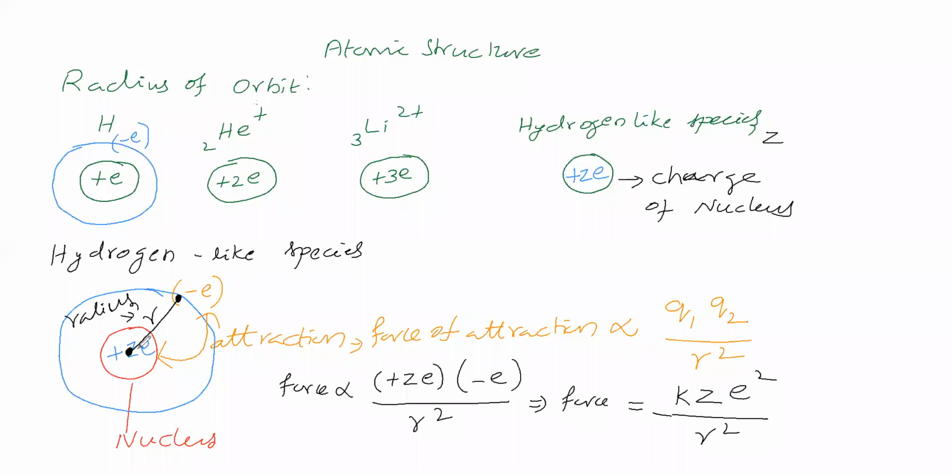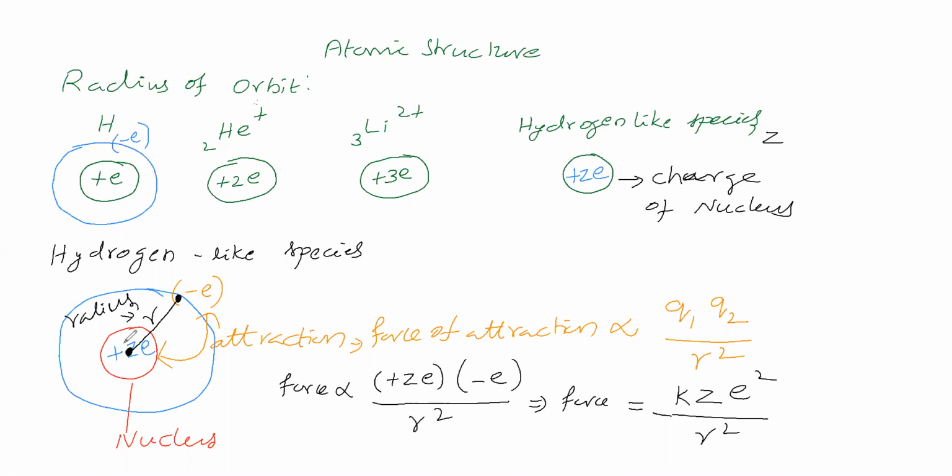So how should the centripetal force and centrifugal force be? They should be equal in magnitude but opposite in sign. Then only the electron will not fall into the nucleus, otherwise it will fall. So this electron experiences two forces, one centripetal and another centrifugal, both equal in magnitude but opposite in sign. That's why the electron is not falling into the nucleus.